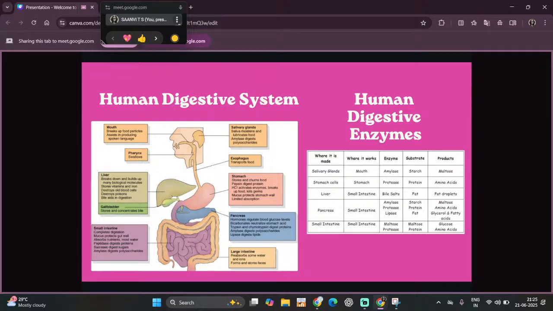Physical digestion takes place by the teeth, while chemical digestion takes place by salivary amylase. Salivary amylase is an enzyme that is secreted by the salivary glands, and it allows partial digestion of starchy foods, and the end product is maltose.